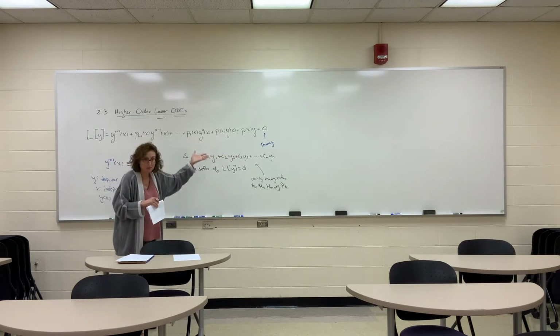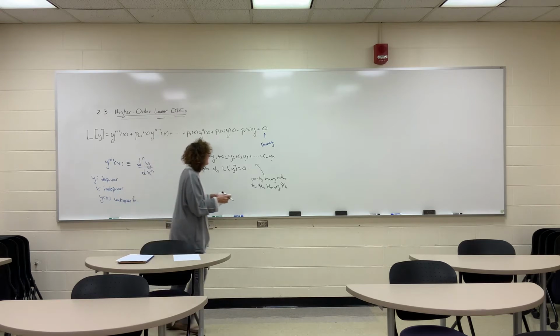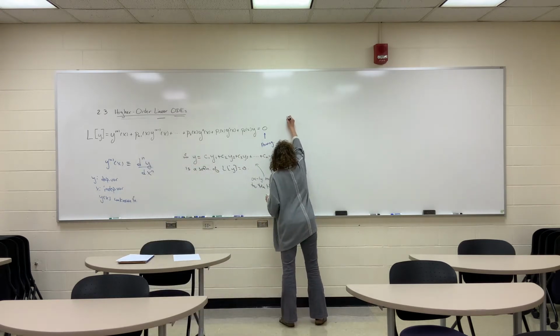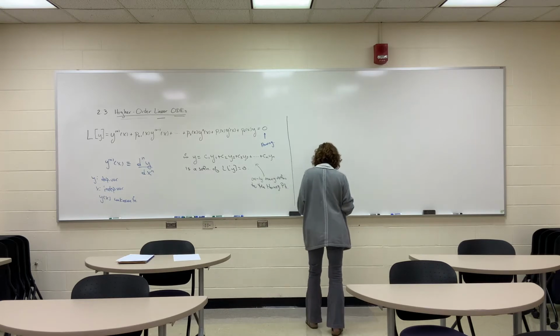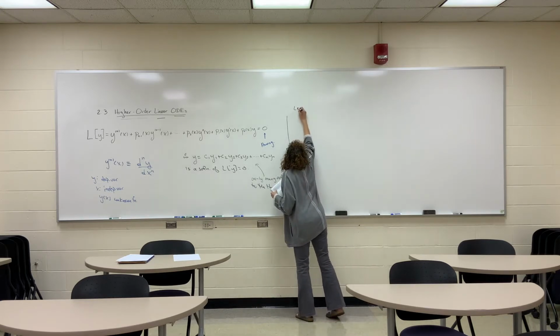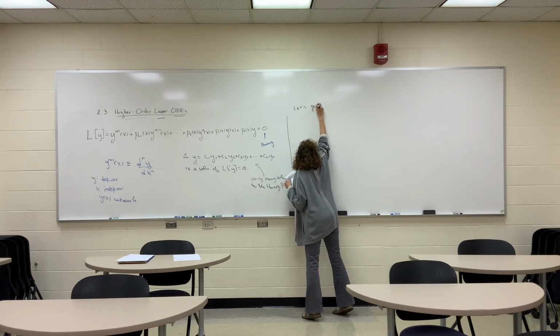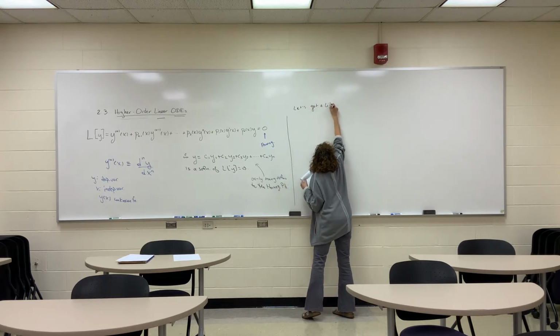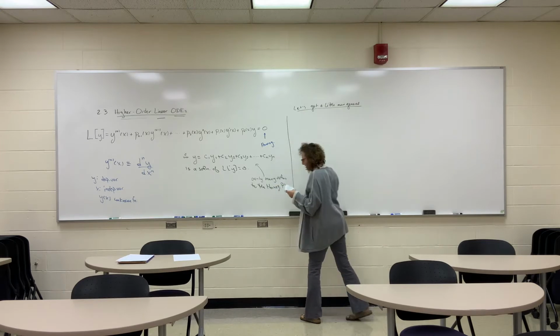Now we have n arbitrary constants, and so obviously infinitely many solutions. Yes? Okay. So now let's get a little more general. You're getting scared out there, aren't you? Let's get a little more general. Okay?